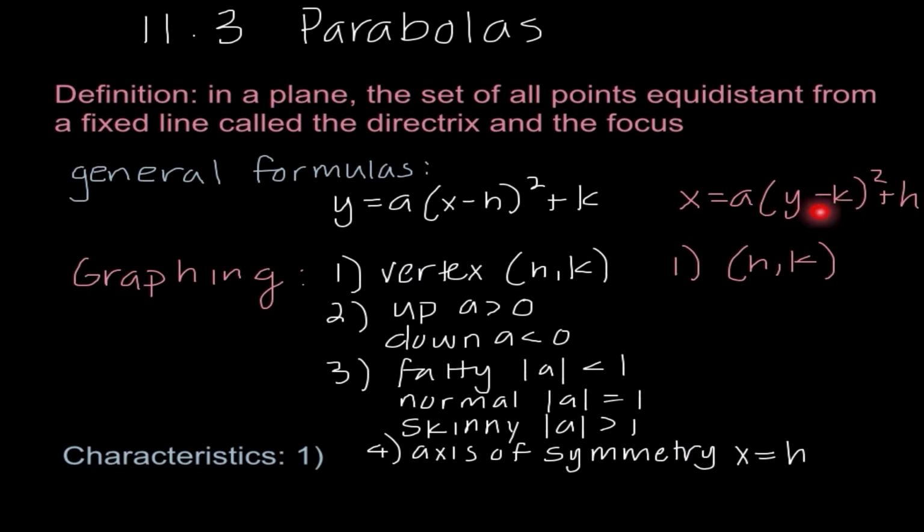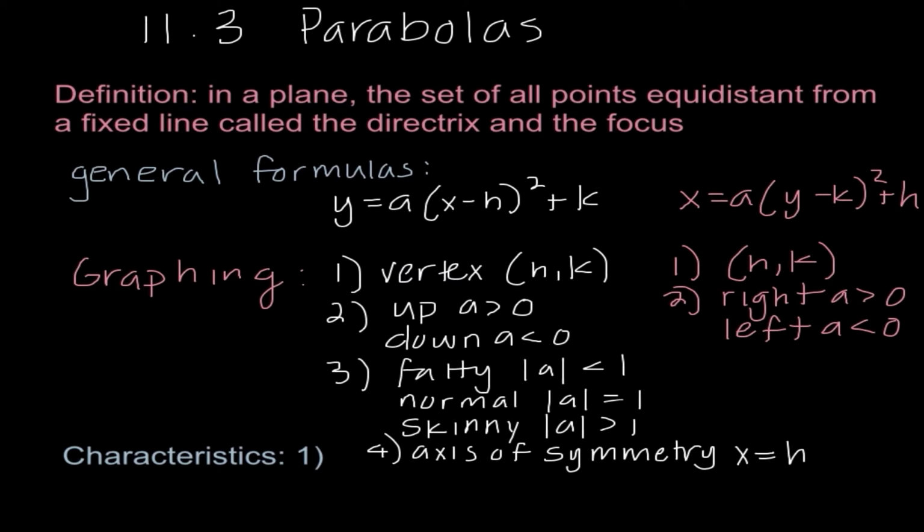In this equation, k is in the parentheses with y, which tells me that should be the y value of my vertex. Instead of up and down, it's going to go to the right if a is greater than 0, and to the left if a is less than 0, which would make sense. I don't know why I wrote a 3 there. Those are both step 2.